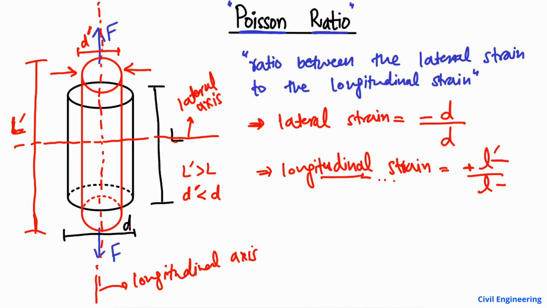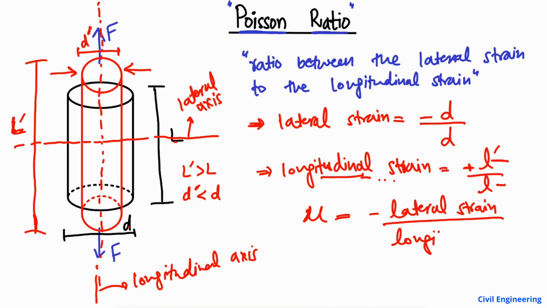Now to define the Poisson ratio, mathematically it is represented by mu, and it is equal to minus lateral strain, because in the lateral direction we always have a decrease, divided by the longitudinal strain. So this ratio is known as the Poisson ratio.